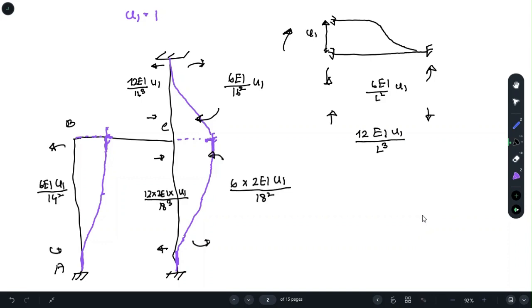Here L is 14 squared, and the reaction will be this way, and the reaction will be 12 EI E1 over 14 cubed. So these are the moments and reactions we are getting after applying the Doki E1 equal to 1 unit displacement. Later we will apply our Doki U2.